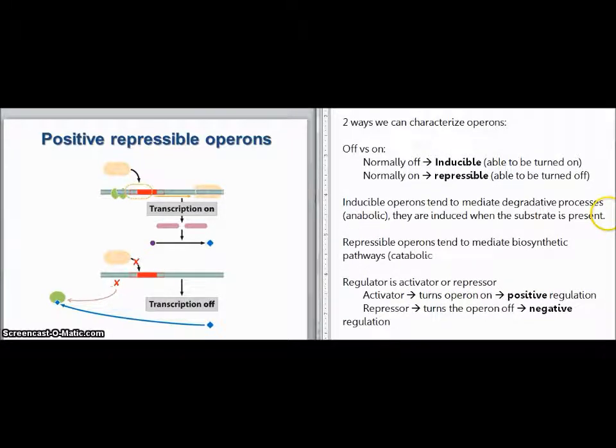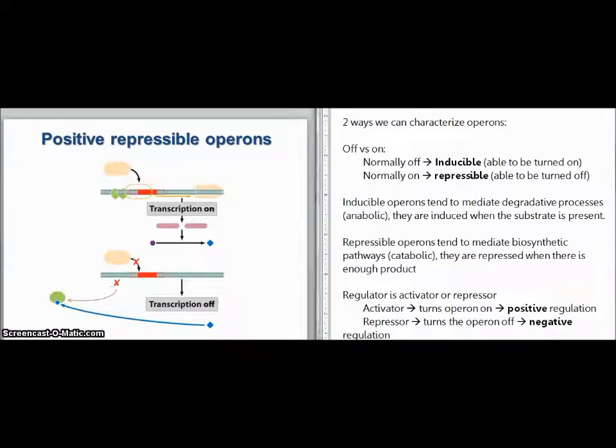So they're anabolic. And they're repressed when there is enough end product of the pathway. So here, under inducible operons, they're co-regulated by the start of the pathway, by the substrate. In repressible operons, they're co-regulated by the end product of the pathway, and they turn it off.